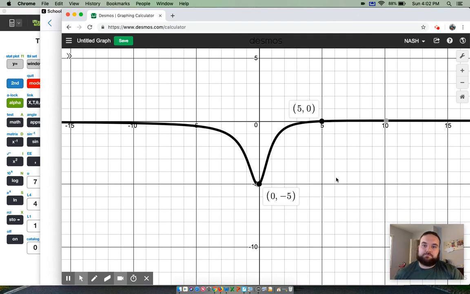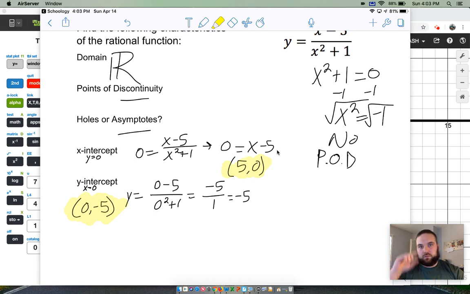A couple of interesting points we'll get into tomorrow: this graph has a horizontal asymptote, but no vertical asymptote. So this would be considered continuous because I could draw the entire thing without picking up my pen or pencil.